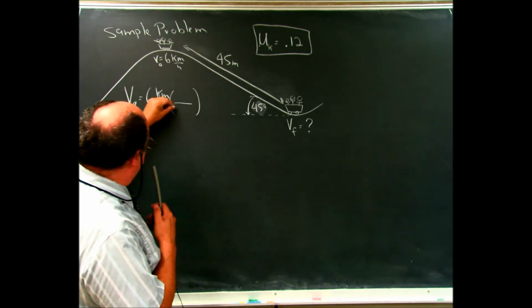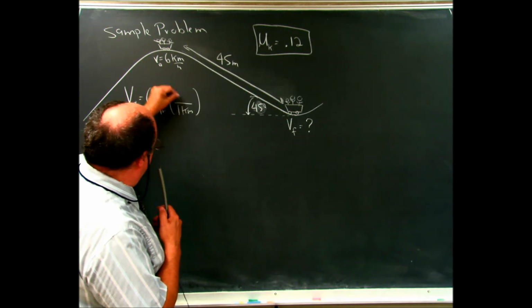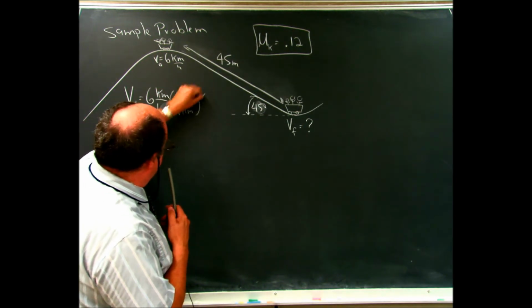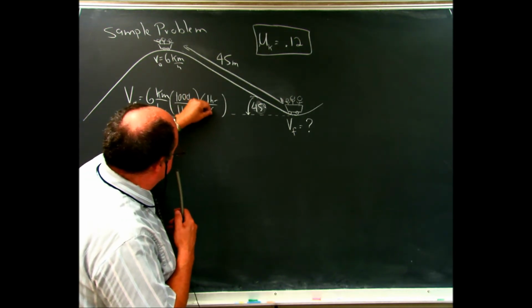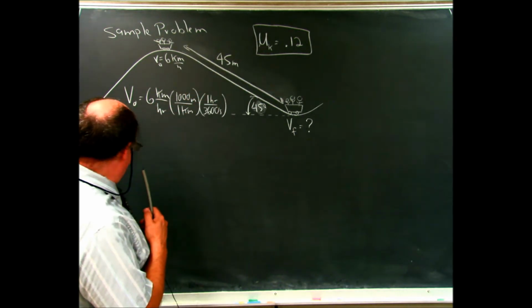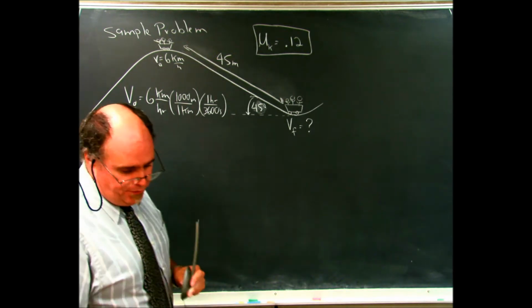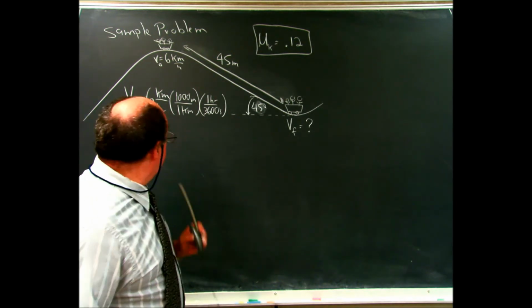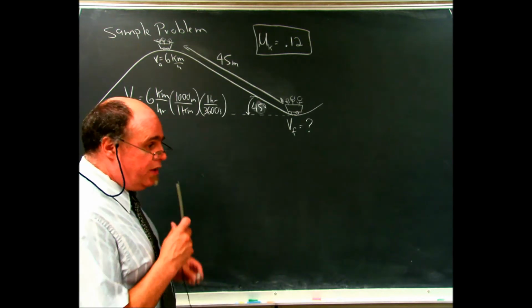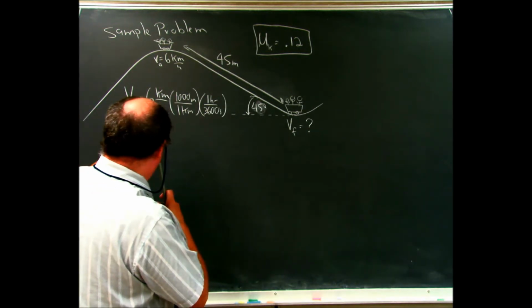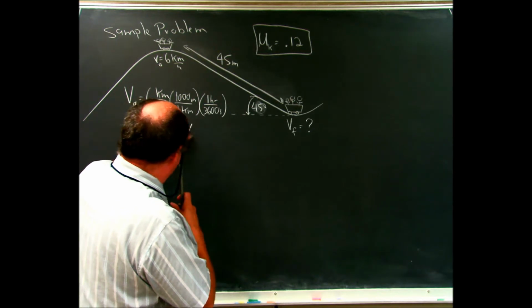So I'd say in 1 kilometer, we have 1,000 meters, and in 1 hour, we have 3,600 seconds. If you convert this, the initial velocity, I'll just plug it in, comes out to be 1.67. So the initial velocity is 1.67 meters per second.